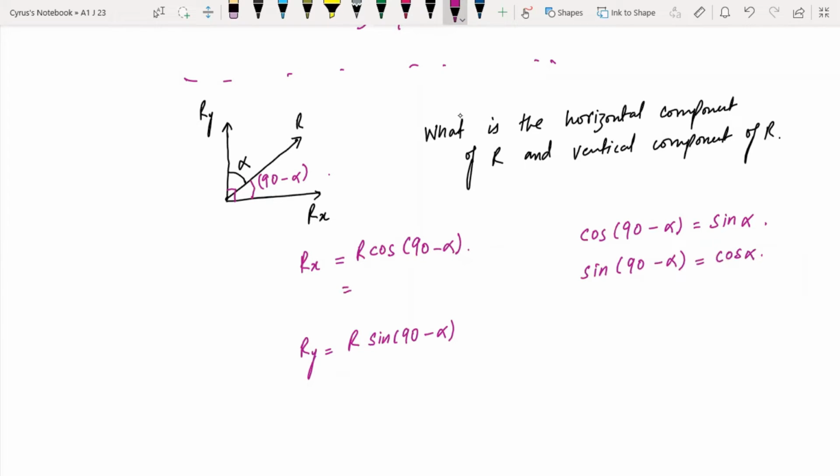So this R cosine 90 minus alpha becomes R sine of alpha, and this R sine of 90 minus alpha becomes R cosine of alpha. So the horizontal component is R sine of alpha in this case. Rx is equal to R sine of alpha, and this is R cosine of alpha.